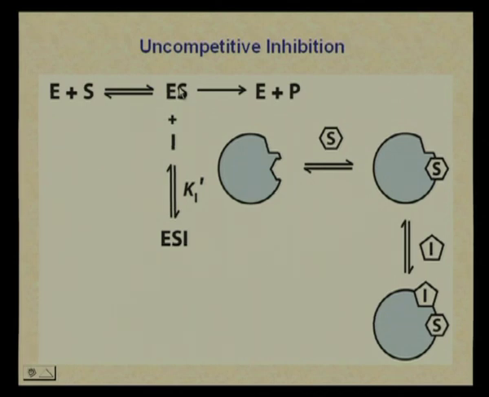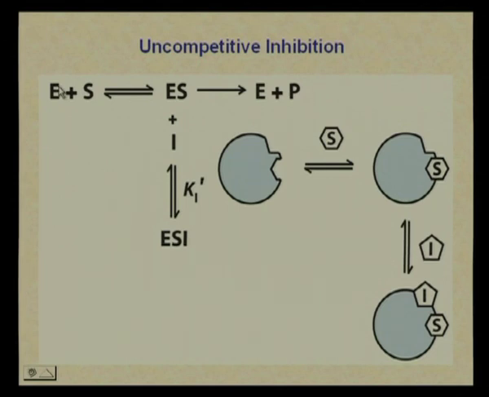So, you understand the distinction between each of the reversible inhibitors? In competitive inhibition, the reaction was only with E. In non-competitive inhibition, the reaction is with E or ES. In uncompetitive inhibition, it is only with ES. That is the difference between these.